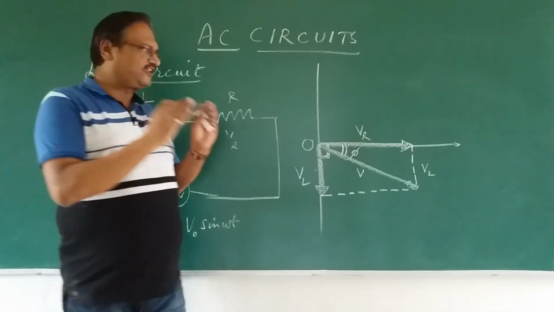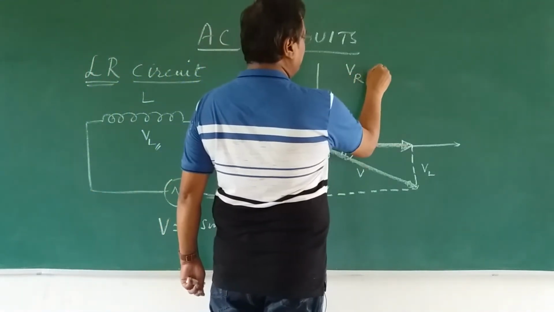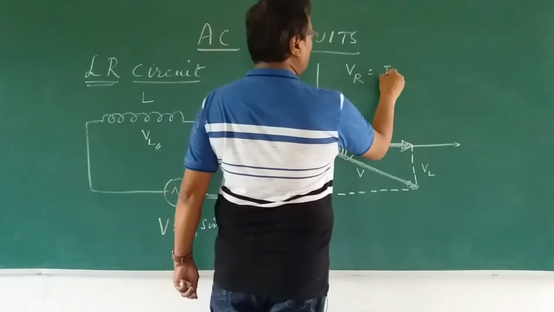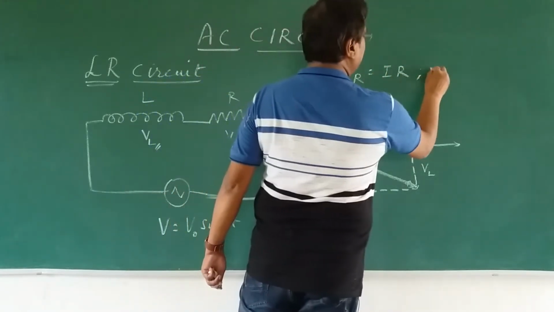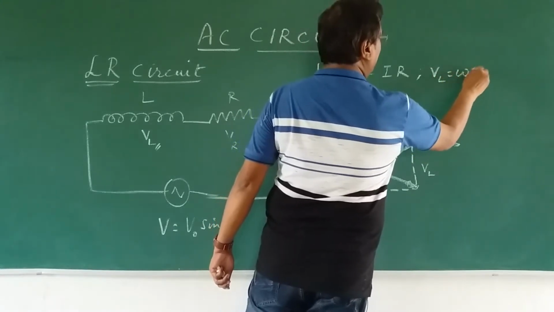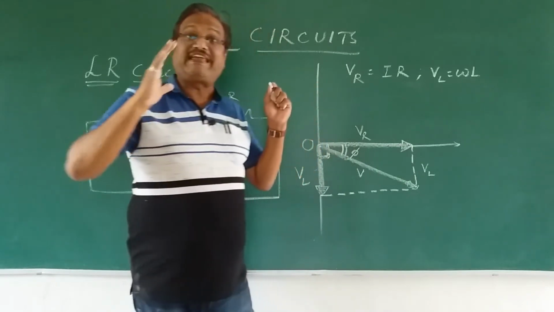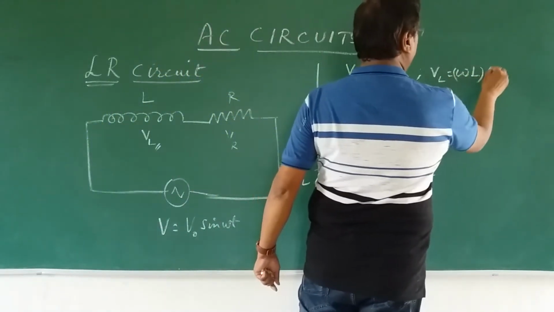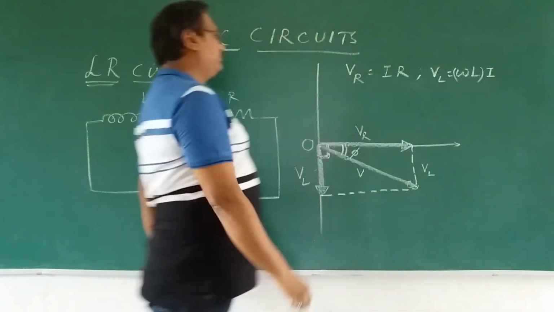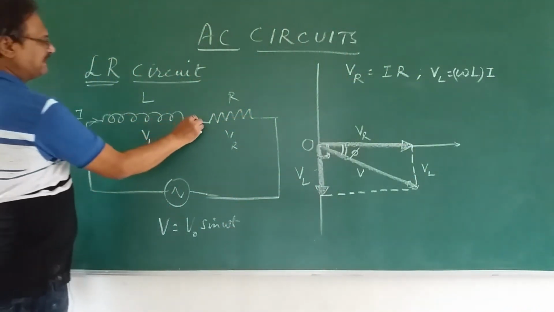Let us now see carefully, step by step. VR is given by Ohm's law, I into R. Now what about VL? VL is given by omega L, and you remember, omega L is the reactance, into the same current I. The current is the same in a series circuit.